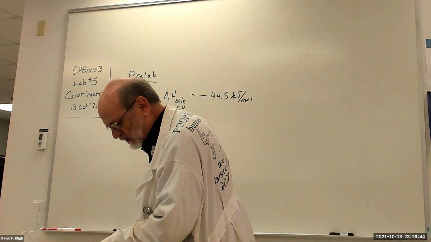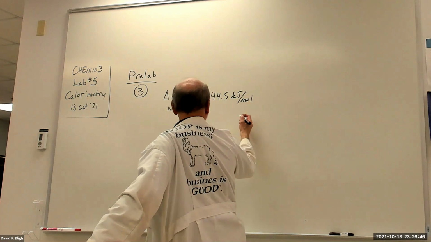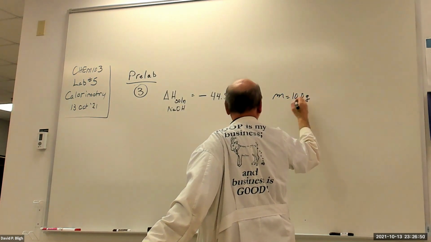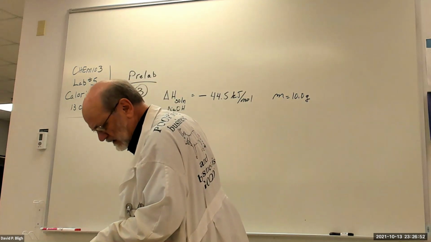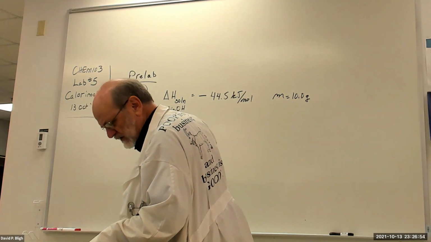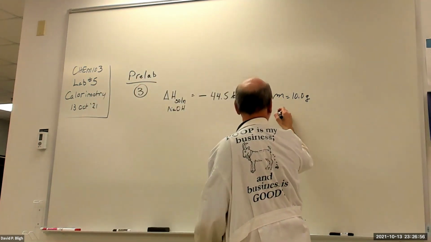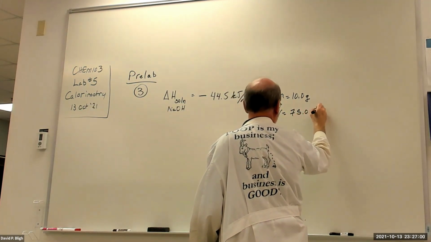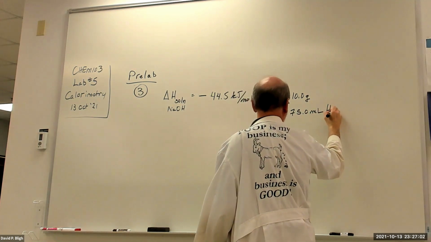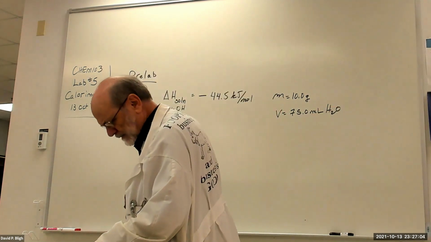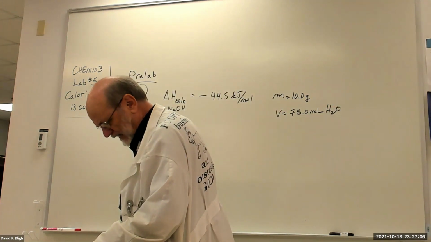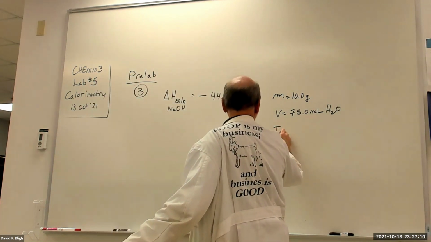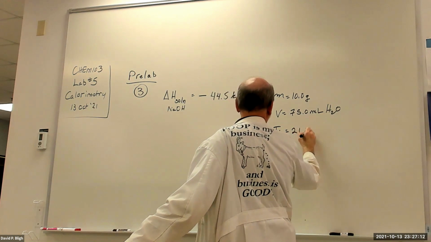Mass equals 10 grams of sodium hydroxide dissolved in 75 milliliters of water. The volume is 75 milliliters of water. Okay. At 21.1 degrees, so initial temperature is 21.1 degrees C.